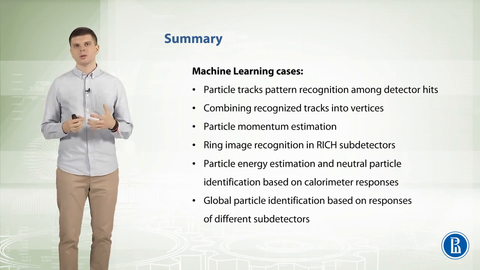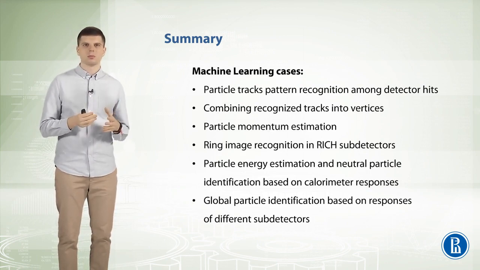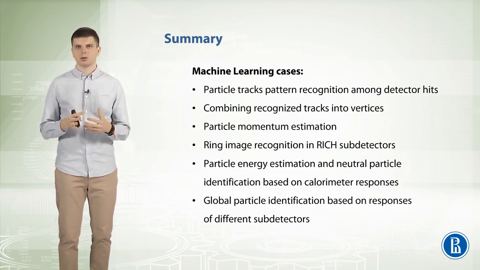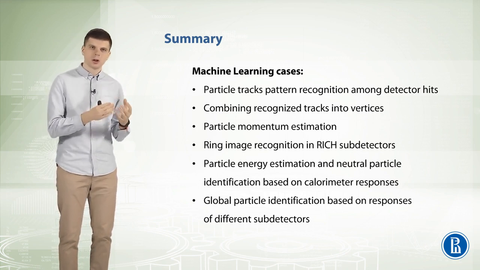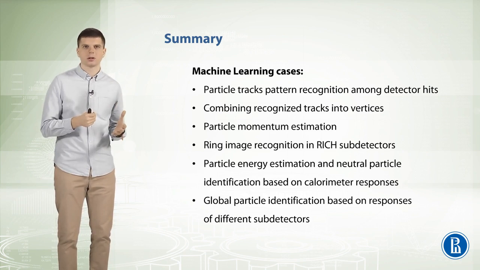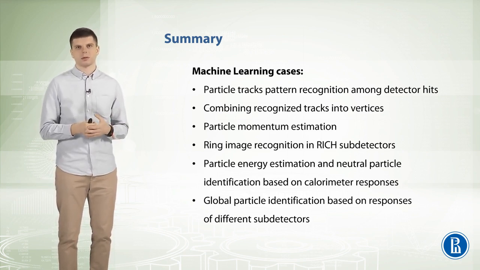Also, we saw different cases in high-energy physics experiments where machine learning can be applied. Machine learning can be used for particle track pattern recognition among detector hits and to reject ghost tracks, combining tracks into vertices to recognize particle decays and to estimate properties of mother particles.